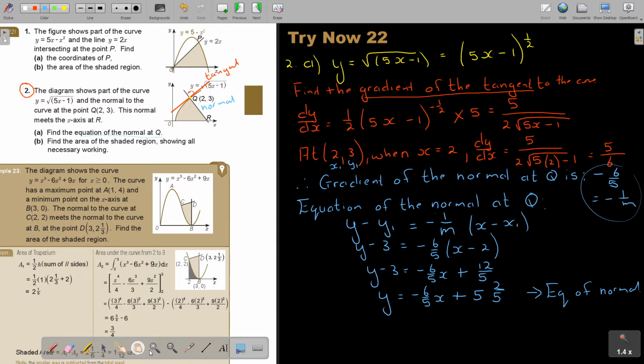Okay, let's move up. Number B. Find the area of the shaded region. Now, if I move up, I think just to get myself space, I'm going to write it here. So if I have to reflect back to it, I'm having negative 6 over 5x plus 5 and 2 over 5.